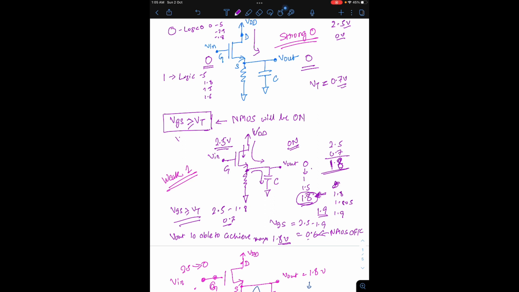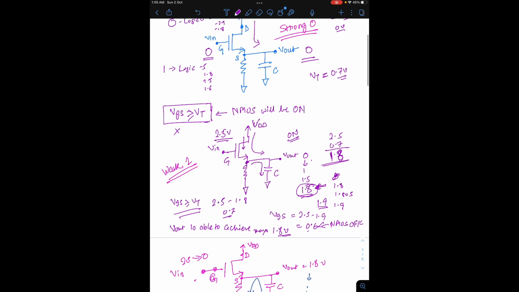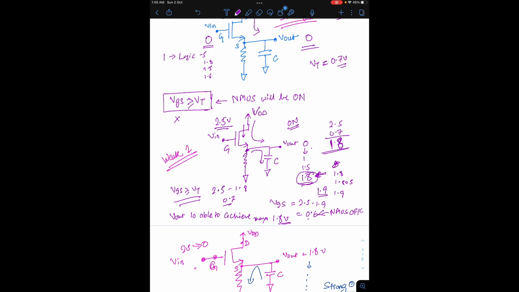So this condition will be violated, and if this condition is violated, then the NMOS will turn off. So this path will be blocked, and the voltage will be retained at a maximum of 1.8 volt. As you can see, I am giving logic 1, which is 2.5 volt, but at the output terminal I am not able to get the exact 2.5 volt.